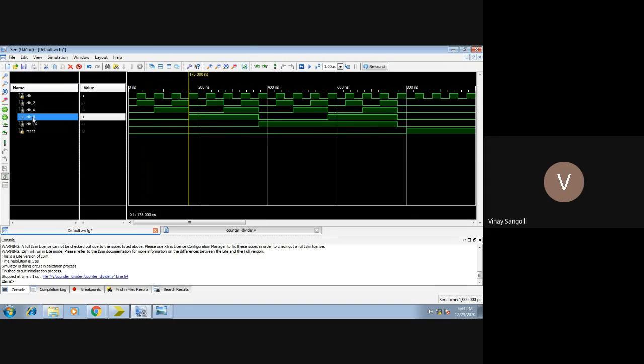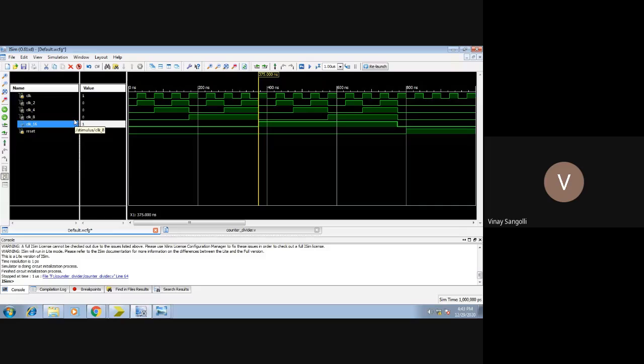Next, clock 8. That means what now? 25 multiplied by 8 times. So it has started at where now? 400.